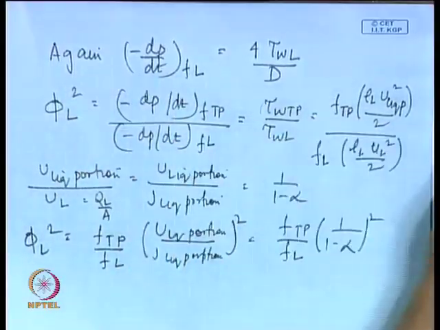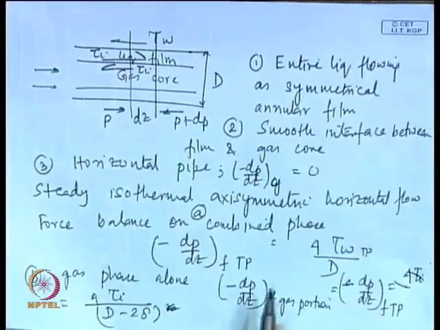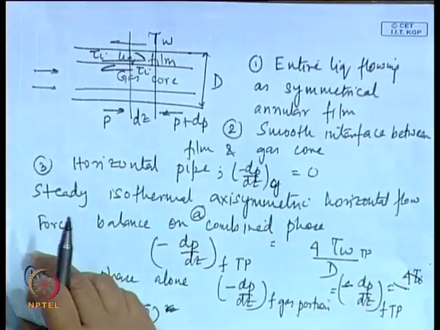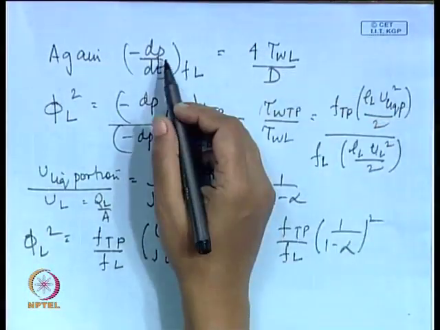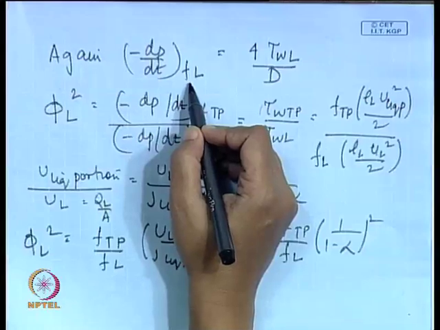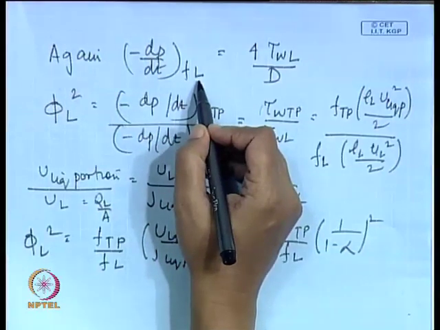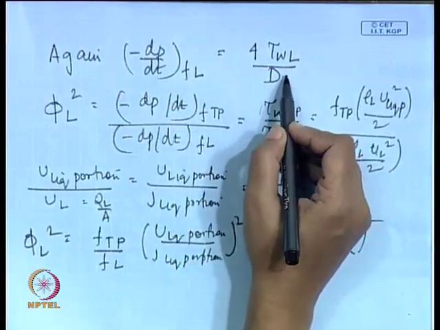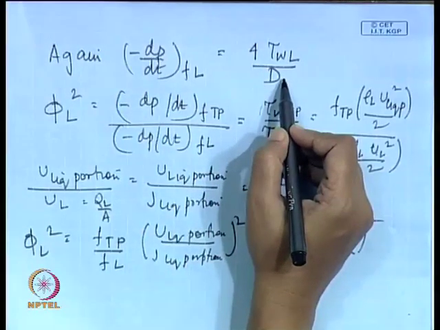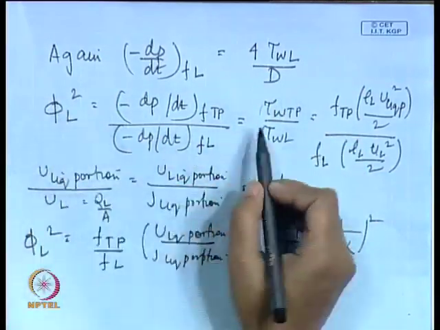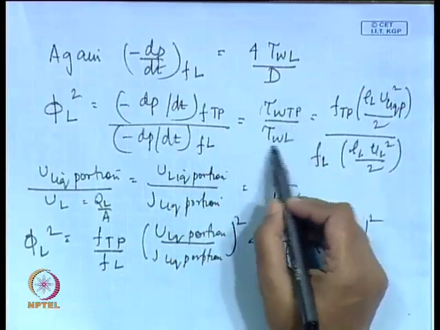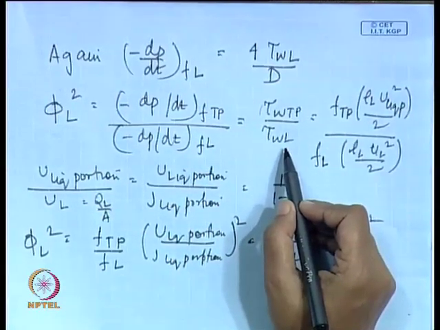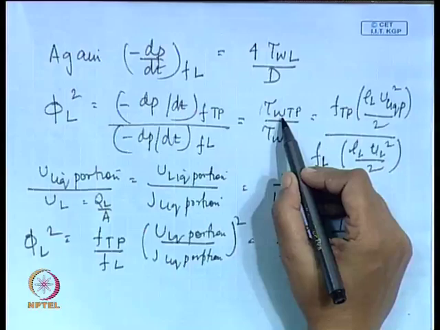So, once we have found out minus dp dz f tp, the next thing was to find out the frictional pressure gradient when the liquid portion of the liquid film flows alone in the pipe. That was nothing but this, is not it? And then phi L square could be expressed as tau w tp by tau w L, yes or no? Fine. Now, what is this tau w tp?